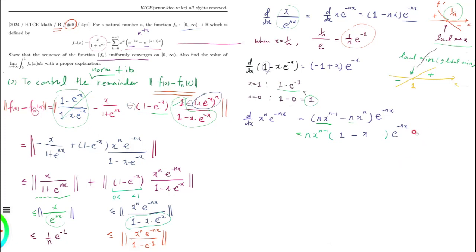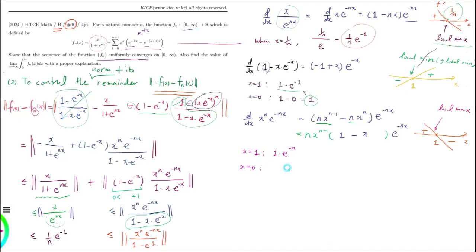So the sign of this derivative changes when x equals 1 here, from positive to negative here. Okay, so when x equals 1, this is a local maximum. Okay, and its specific value is when x equals 1, we have 1 times e to the minus n power.